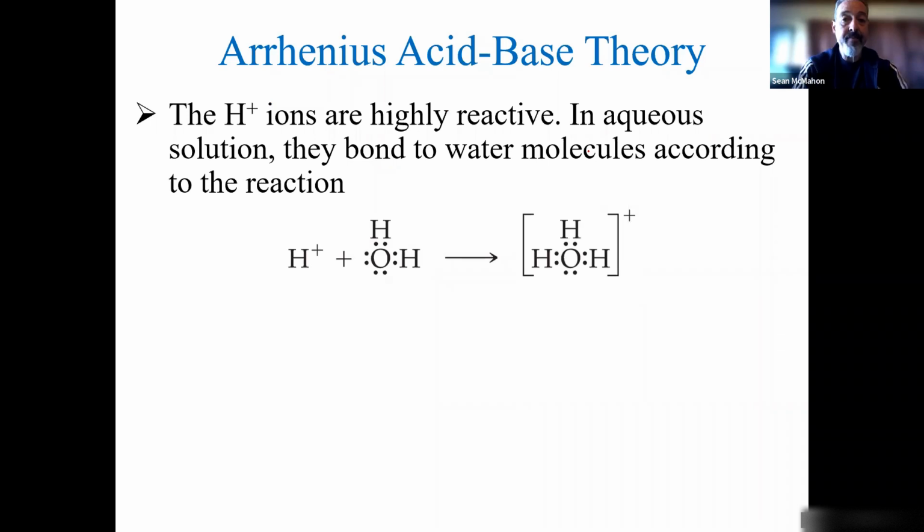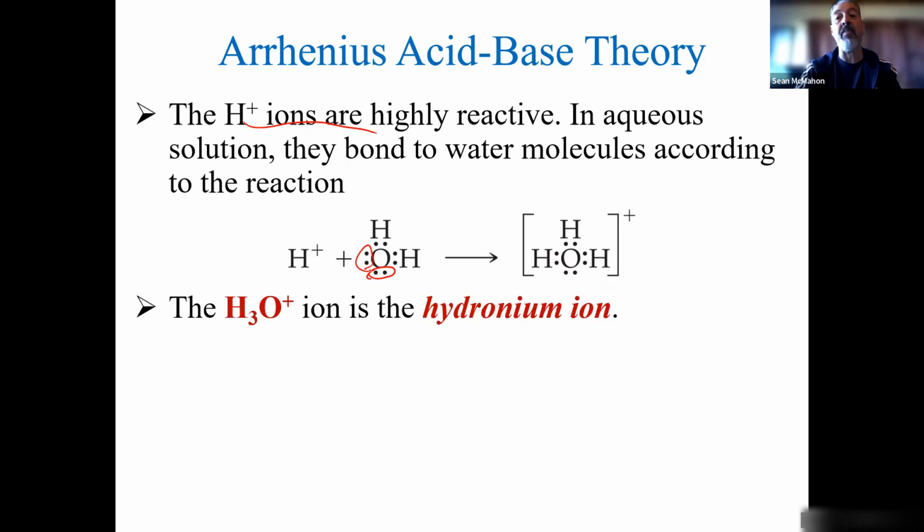But there really isn't just a free-floating hydrogen ion in solution. The reason is hydrogen ions are very reactive, okay? They see water, and they see that water has 2 lone pairs, and because they're positively charged, they want to react with those lone pairs, those negative charges. What they actually do is produce what's referred to as the hydronium ion.